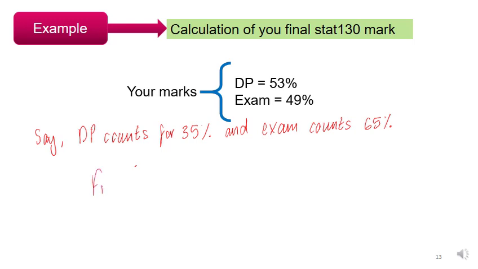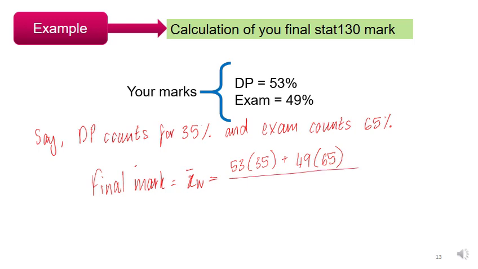So your final mark would equal x bar weighted, which would just be your mark for your DP, 53 times its weight, 35, plus your mark for the exam times its weight, 65, divided by the sum of the weights, 35 plus 65.